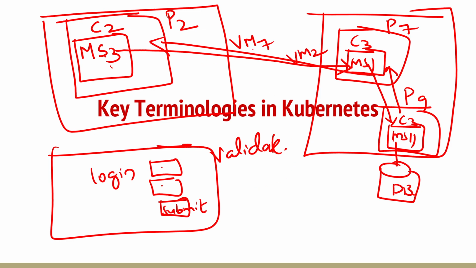So, one virtual machine can run multiple pods, or there can be multiple virtual machines depending on the load. Within a virtual machine there can be multiple pods, and these pods can talk to each other, and inside each pod I can have multiple containers C1, C3, C7, and each container contains only one microservice, right.